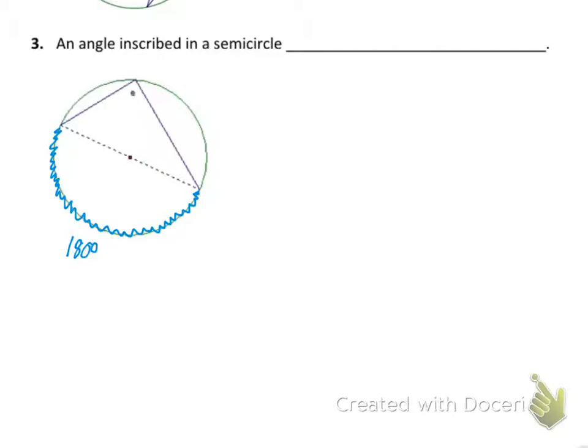If that's 180 degrees, what is my inscribed angle that creates that angle going to be? David? 90. And that's always going to work. So an angle inscribed in a semicircle is a right angle.